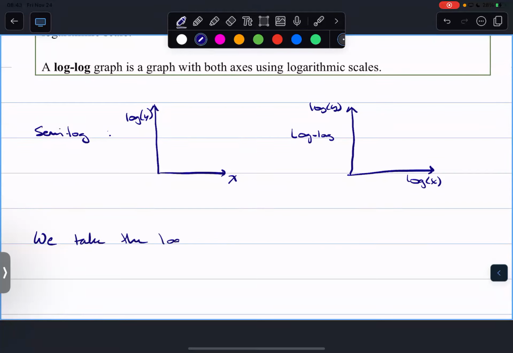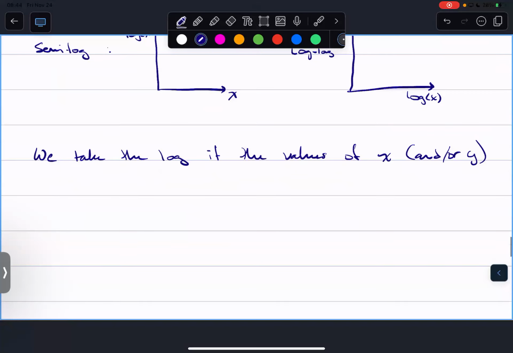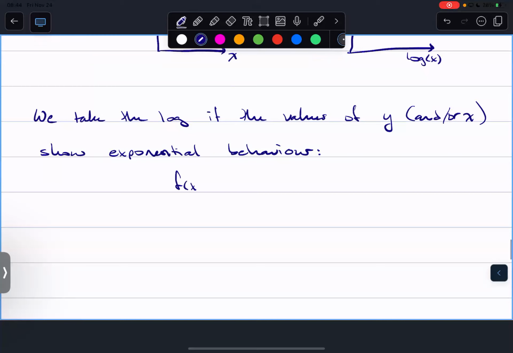We take the log if the values of x and or y, usually it's the y that we start with, show exponential behavior. For example, if f of x is a times b to the x.